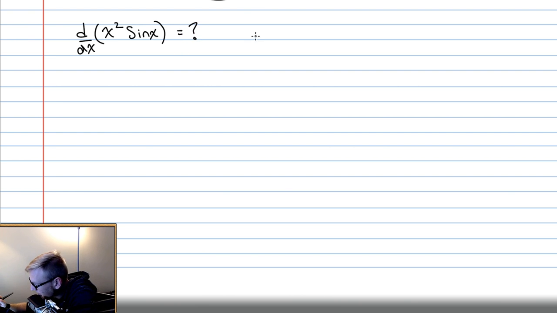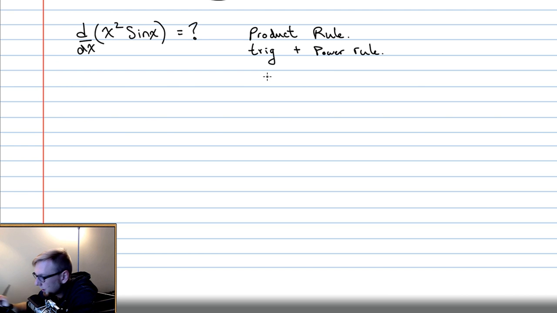That's just using the product rule, right? Product rule. And it uses a trig one and power rule. Those aren't too difficult. So let's work on it.